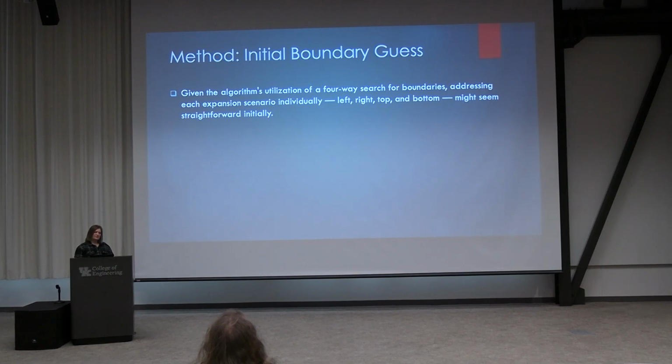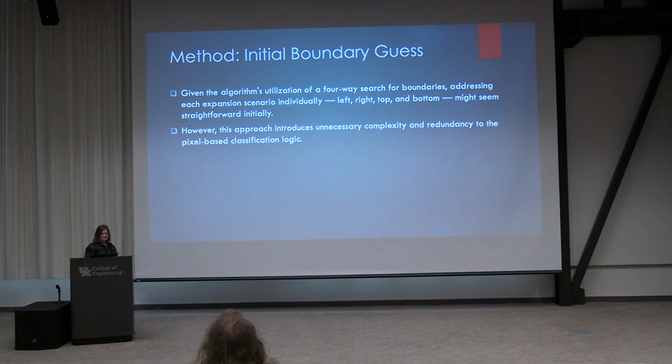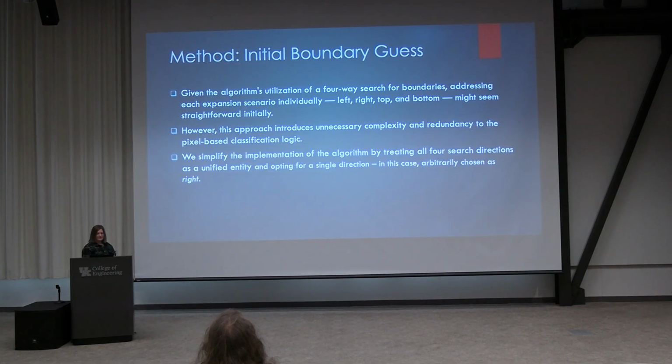However, you have 4 directions, and if you want to write logic for that, it is redundant, because you will treat all the directions the same, but if you make a logic mistake someplace, it's really hard to follow and keep uniform. So our algorithm avoids unnecessary redundancy and complexity by rotating the image, so that I treat all the directions as one.